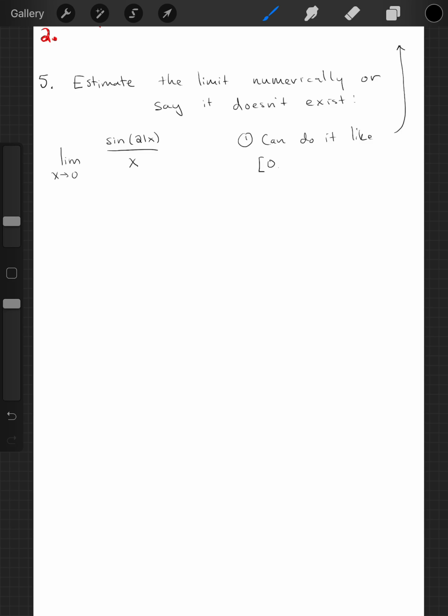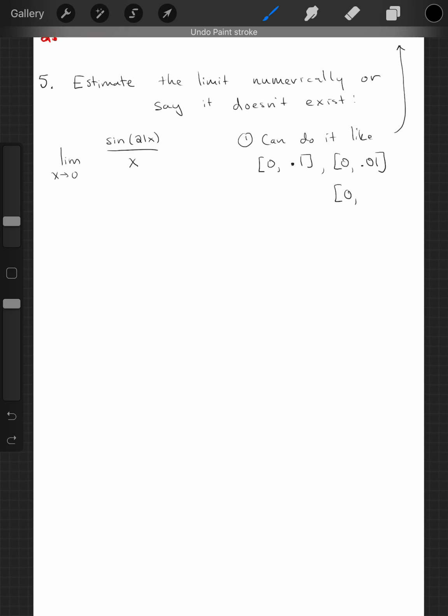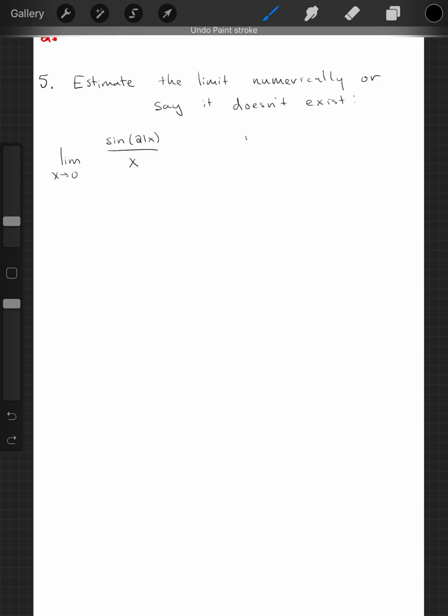So you would be doing like 0 plus 0.1, 0 plus 0.01. Wait, nope, I'm messing that up. So it is like those, but it's a little bit simpler.